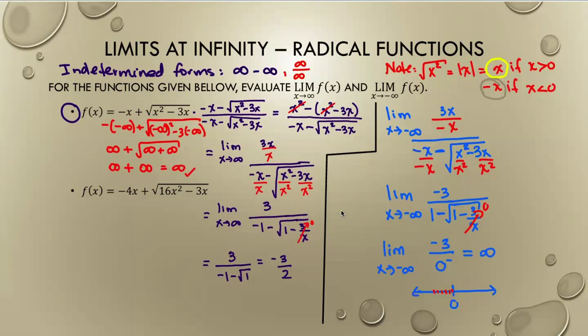All right, and that's how you solve those problems. So you start with the radical, you multiply the radical times the conjugate, and then you treat your result as a rational function involving a radical. So you have to divide by the largest power in the denominator, and you need to use the definition of absolute value to divide all of the terms that are outside of the root.